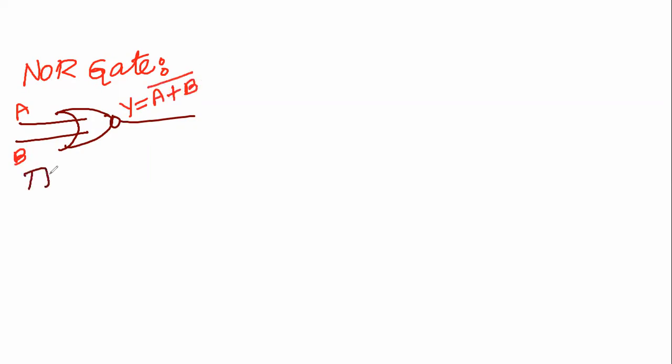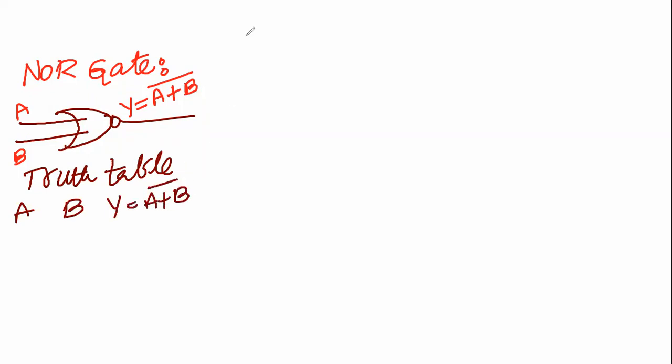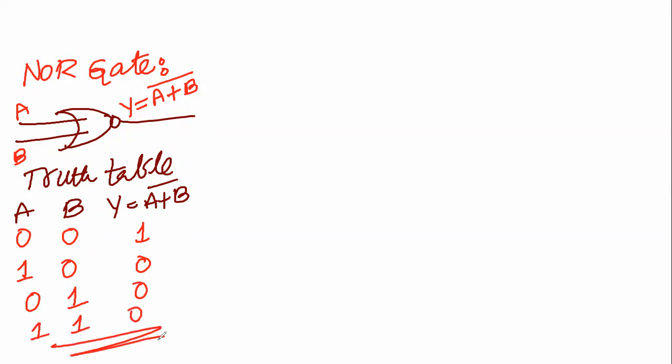Then the truth table: A, B inputs, output will be A plus B complement. A 0, B 0, output will be 0 plus 0, 0, but its output is 1. 1, 0: this is 0. 0, 1: it will be 0. 1, 1: 0. This is the output.